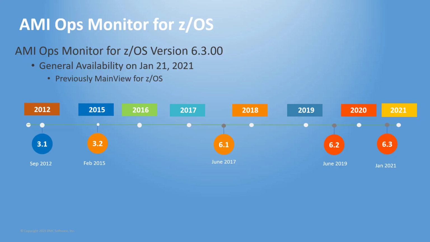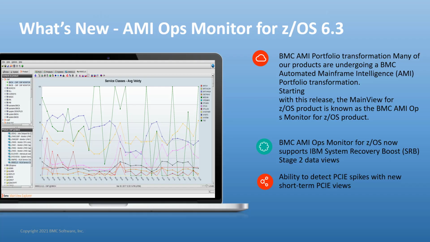AMI Ops Monitor for z/OS, its current general availability release was January 2021, version 6.3, and it was previously called MainView for z/OS.